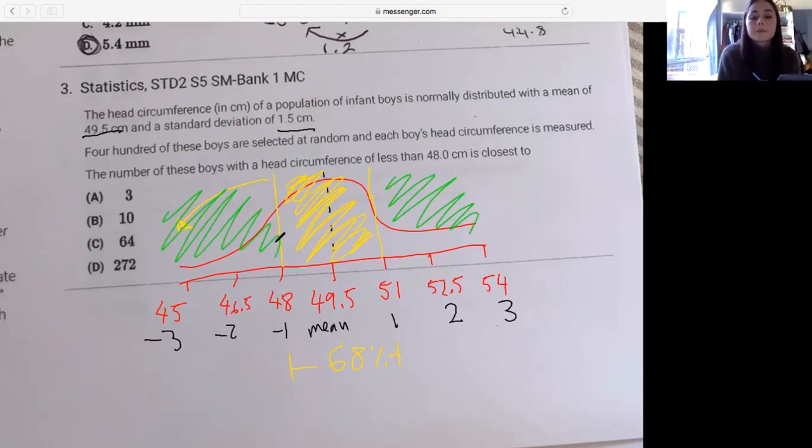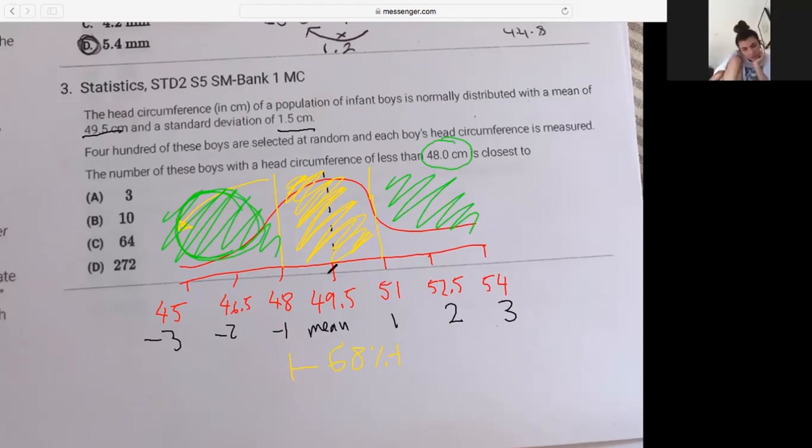Oh, okay. They want 48, and so 48's at -1. So if we figure out what's between 1 and -1, we can figure out what's on either side. And then if we can figure out what this green one is here, that will tell us what percentage will have a head circumference of less than 48.